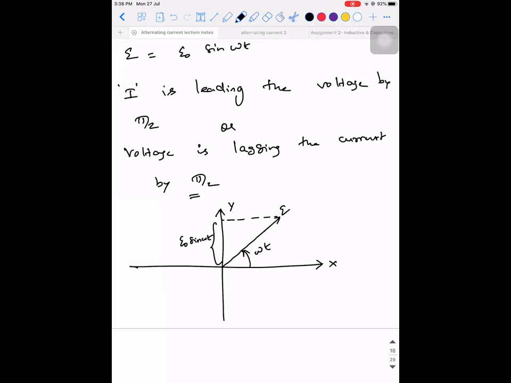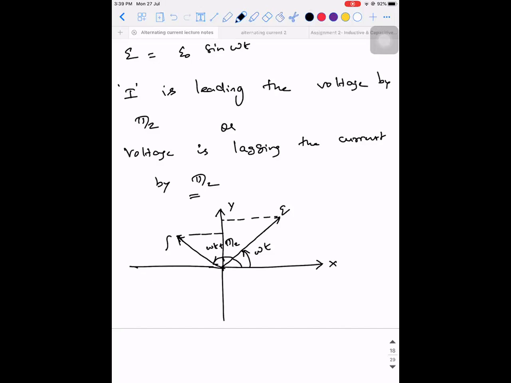How should we draw the current? Should I draw the current in the second quadrant or in the fourth quadrant? Second quadrant. So in the second quadrant, we will draw the current like this, stating that this will be the value of the instantaneous current, where the angle it is making is omega t plus pi by 2.